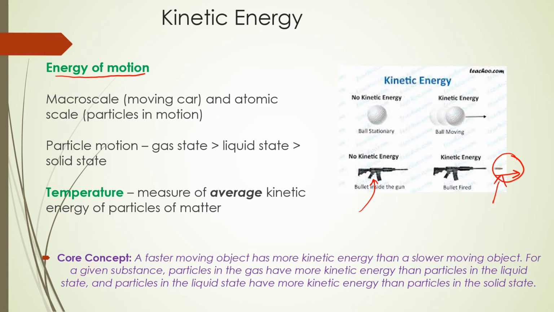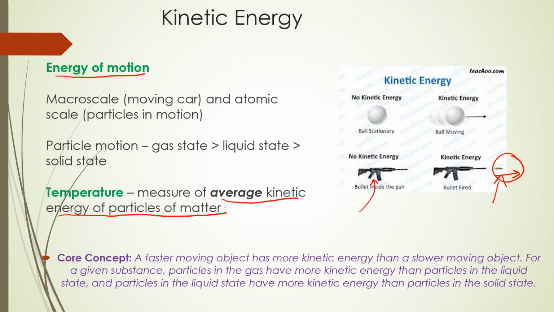Temperature is the measure of the average kinetic energy of particles of matter. So, if the particles are moving a lot, then they will possess higher average kinetic energy. Higher average kinetic energy means that temperature will be higher.